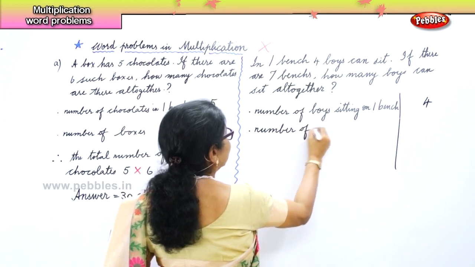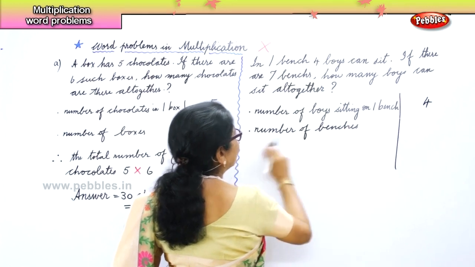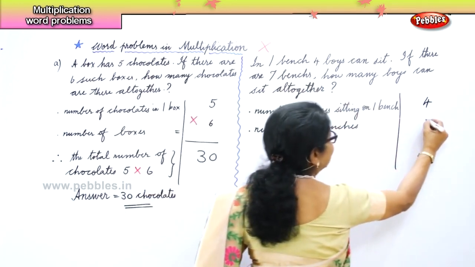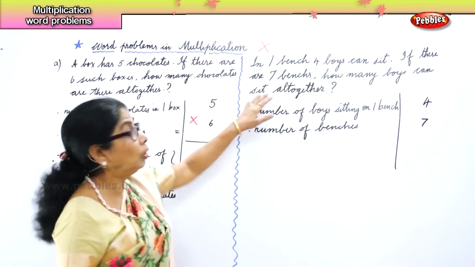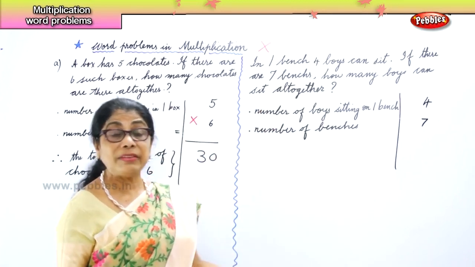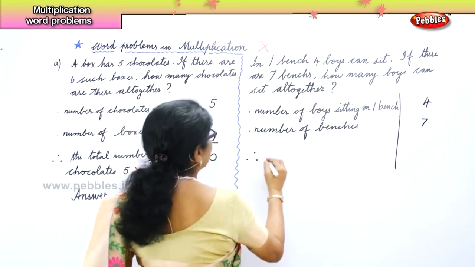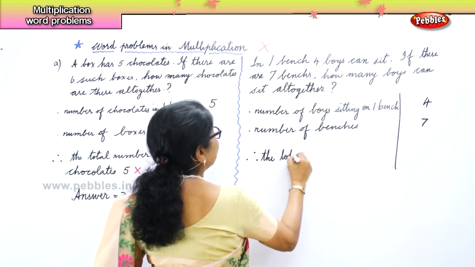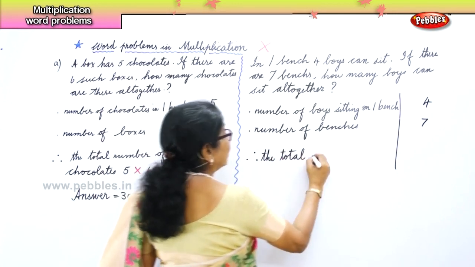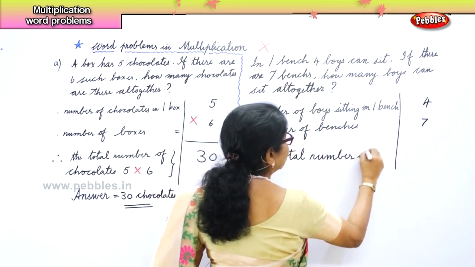Number of benches. How many? 7. Now what are you asked to find out? How many boys can sit altogether? There are 7 benches. So therefore the total number of boys.